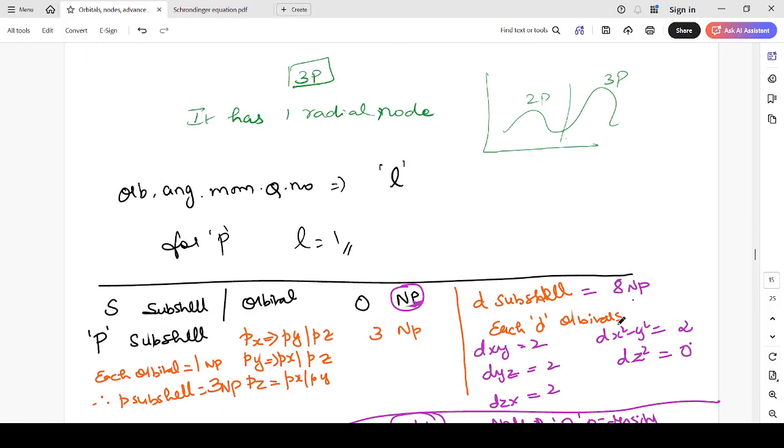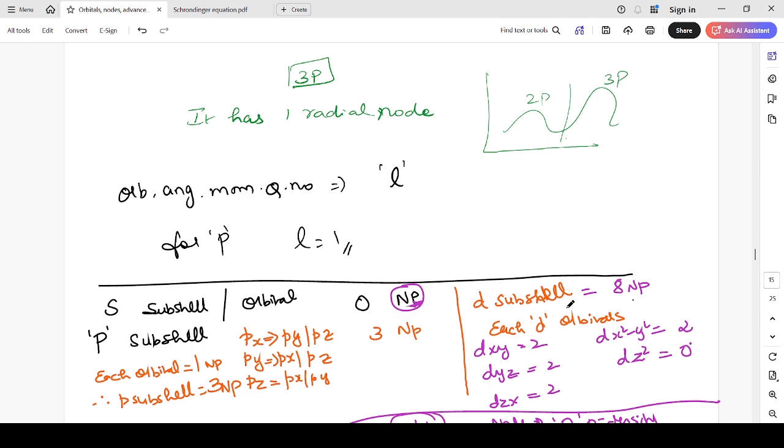So in today's session, we have learnt about the radial distribution curves: psi, psi squared, and 4 pi r squared psi squared. We learned three different curves. We saw why psi and psi squared were wrong and what made 4 pi r squared psi squared right.